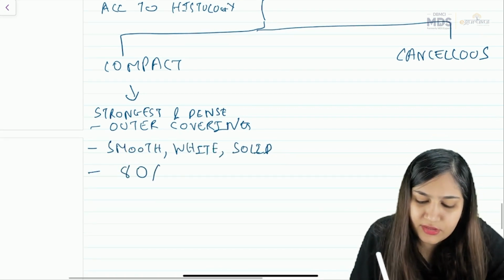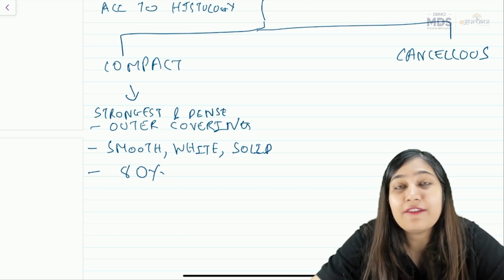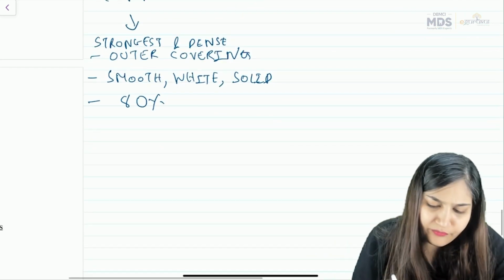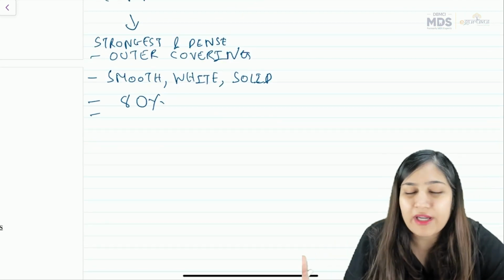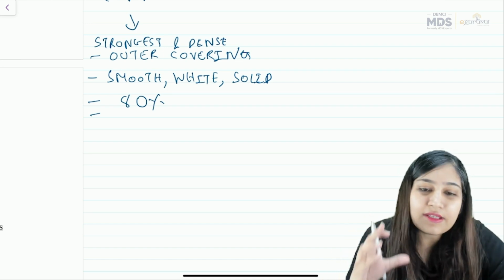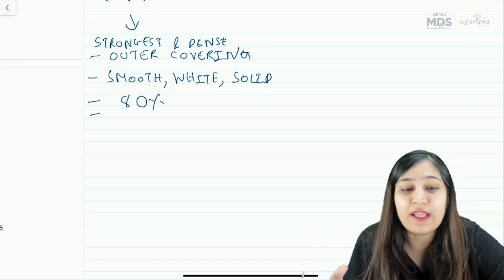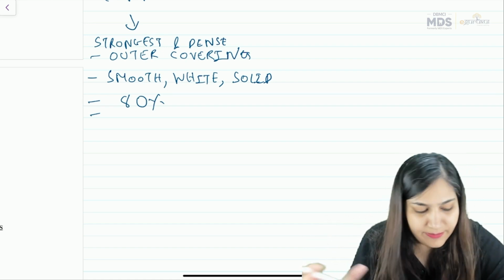Mainly, it constitutes 80% of the skeletal framework, right? Its bone matrix consists of what? Organic and inorganic components. Small spaces are present, that is lacunae. In these lacunae, osteocytes will be present.